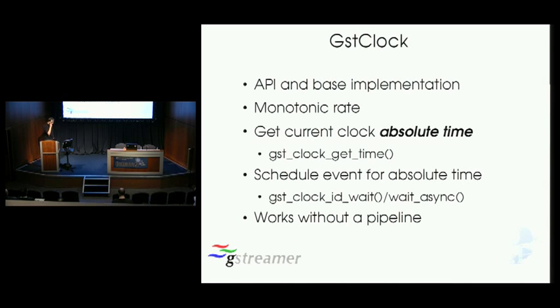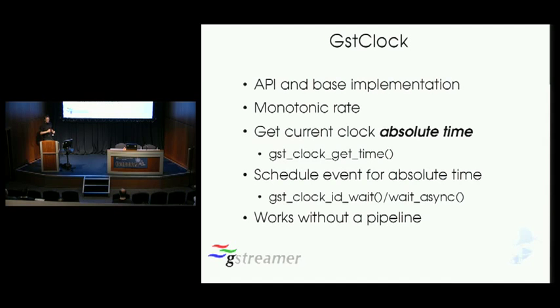So, enter GStreamer, because after all, it's the GStreamer conference. In GStreamer, the first thing that we're going to be using for time is GstClock. It's an API with some base implementation, actually various implementations. It has one simple requirement, which is to report a monotonically increasing value.